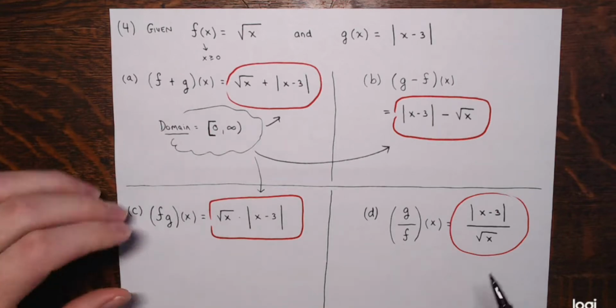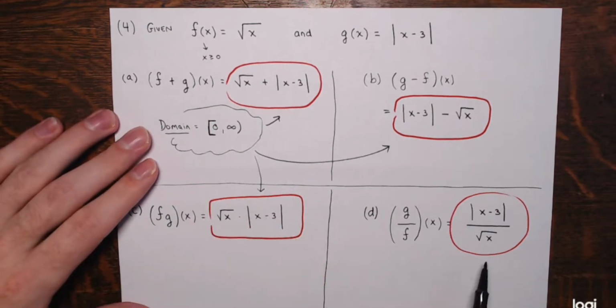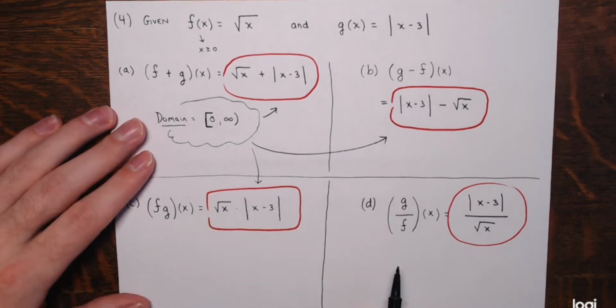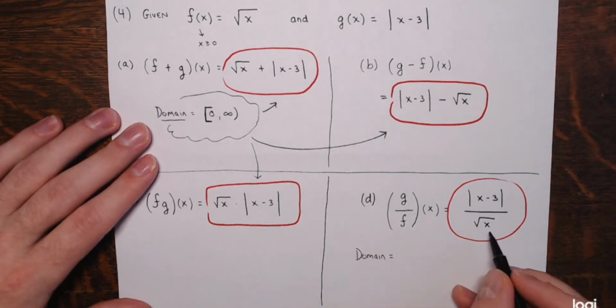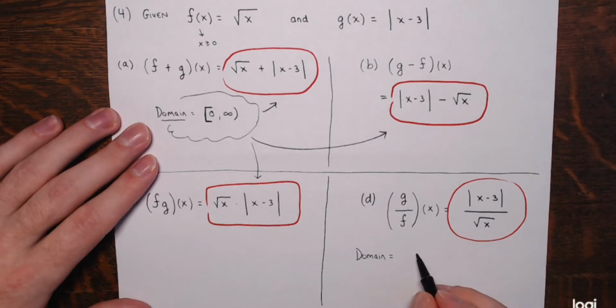All right, now this has a different domain. I'm not going to just draw another arrow. The domain of this function is very similar, right? Again, I have a square root, the square root of x, so x has to be greater than or equal to 0.